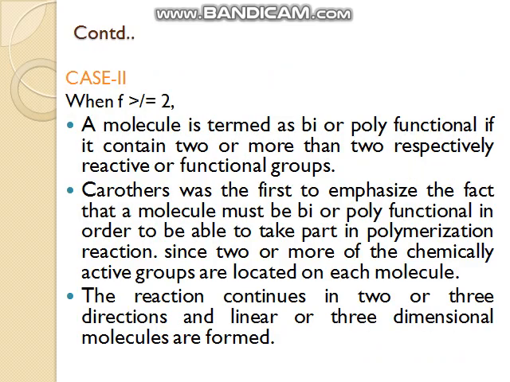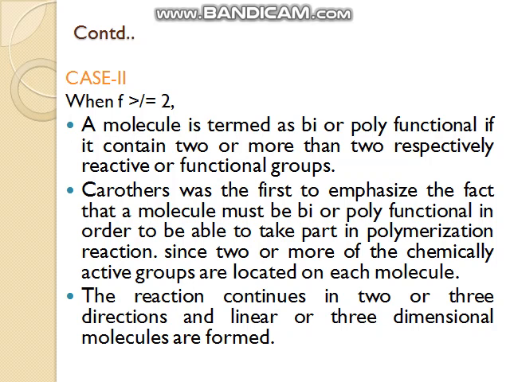Now in the second case, when functionality is greater than or equal to 2, a molecule is termed bi- or polyfunctional if it contains two or more reactive functional groups respectively. Carothers was the first to emphasize that a molecule must be bi- or polyfunctional in order to take part in a polymerization reaction, since two or more chemically active groups are located on each molecule.